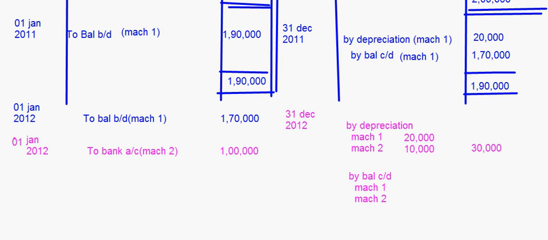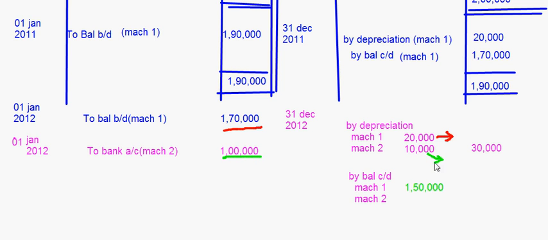So for machine 1 I'll put 20,000, and for machine 2 I'll put 10,000. So the total depreciation is 30,000, right?